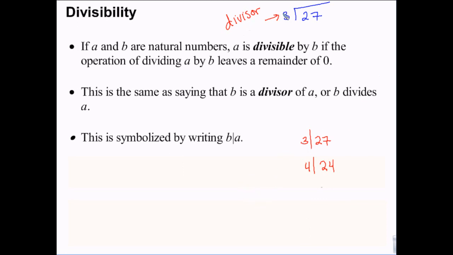We talked about this is the divisor. This is called the dividend. Anybody remember what the answer is called? Quotient, yeah. So when we do that, 3 goes into 27 9 times. 9 is our quotient.